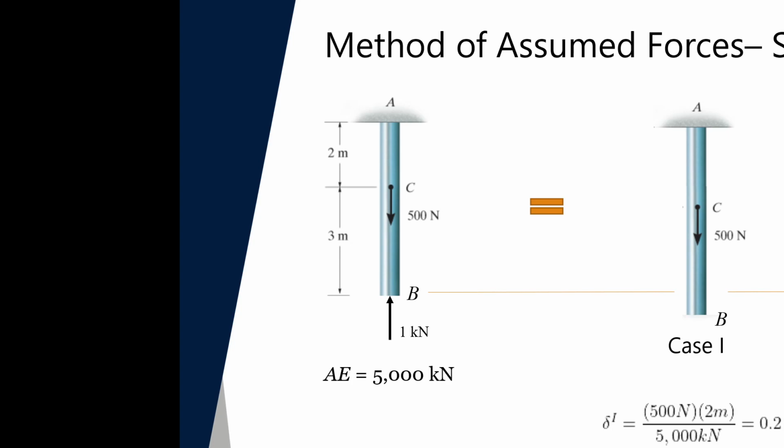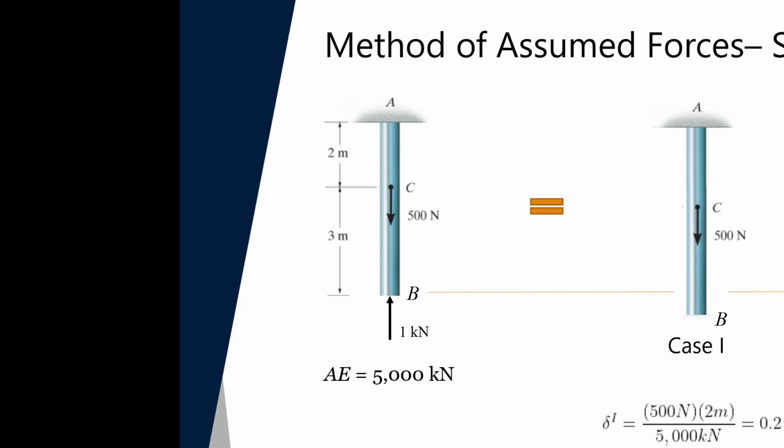So in this case, with the 1 kilonewton force, we can see that actually the amount that the bar compresses is 1 millimeter. So the total compression from this case is 0.2 minus 1.